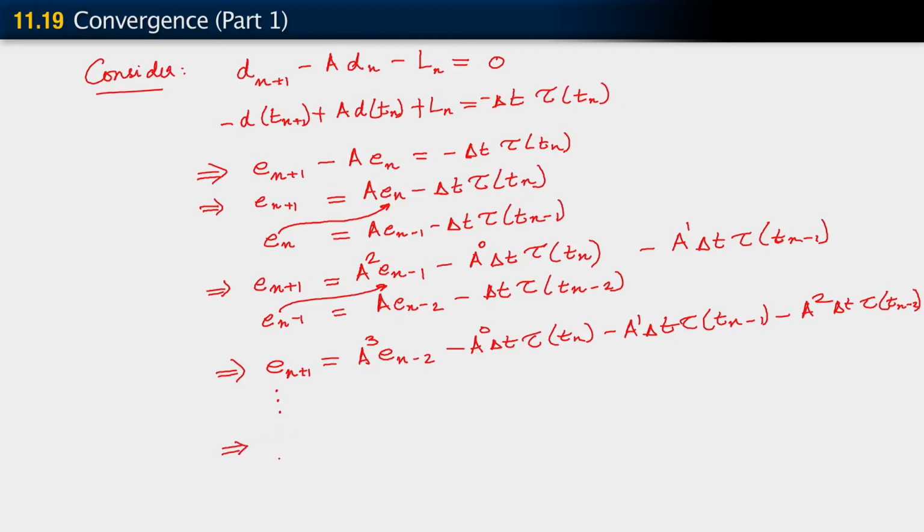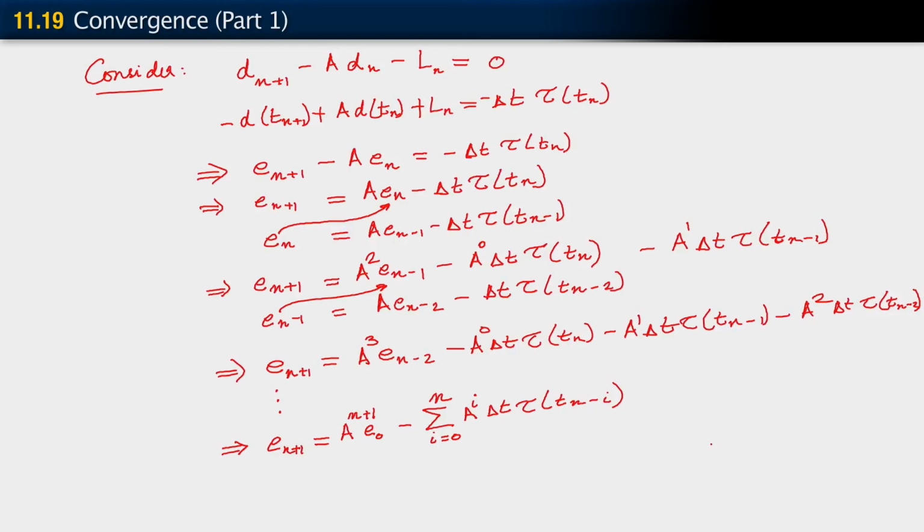When you go all the way back to the 0th step, or the initial time, we get E at n+1 equals A to the power n+1 times E at 0, minus the sum over i going from 0 to n of A to the power i delta t tau at t^{n-i}. You can check that this is what the recursive formula reduces to.